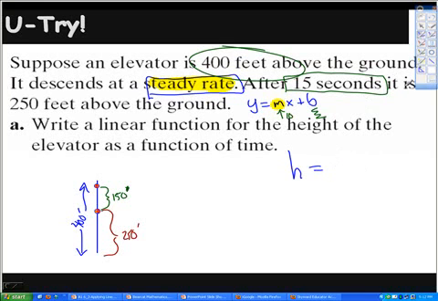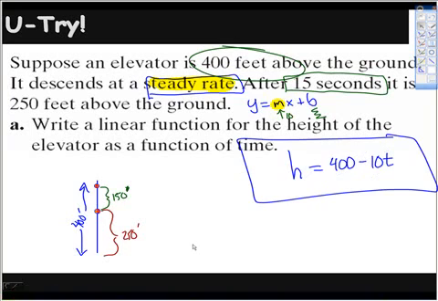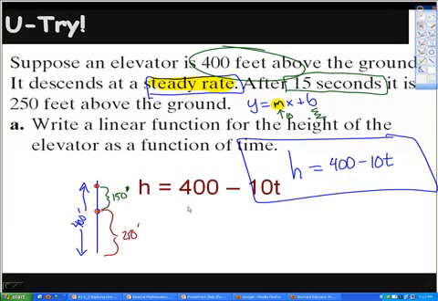So we start out at 400 feet high. We go down 10 feet for every second. And there's my function in terms of t. H equals 400 minus 10t. Let's see how that compares with what we should get here. There we go. H equals 400 minus 10t. We'll bring back up our work, and you can compare how we set that up.